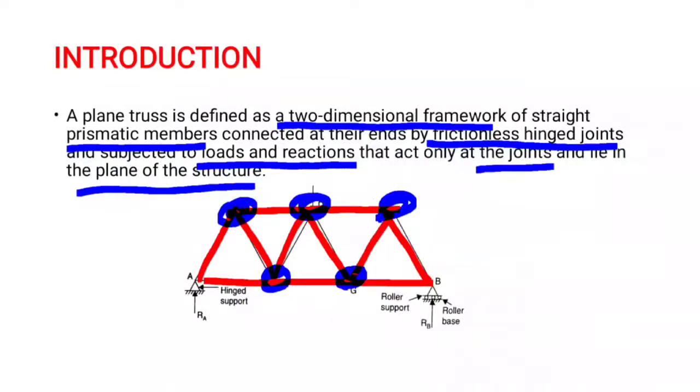The load acts at the joints, and the reactions are also calculated from the joints only, not by using the members. The whole framework lies in the plane of the structure. That's why it is called a plane truss. I hope it is clear.